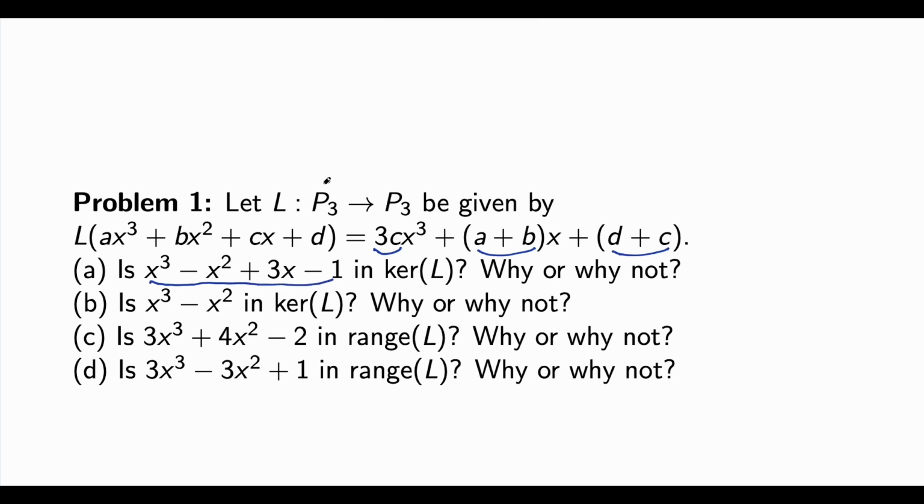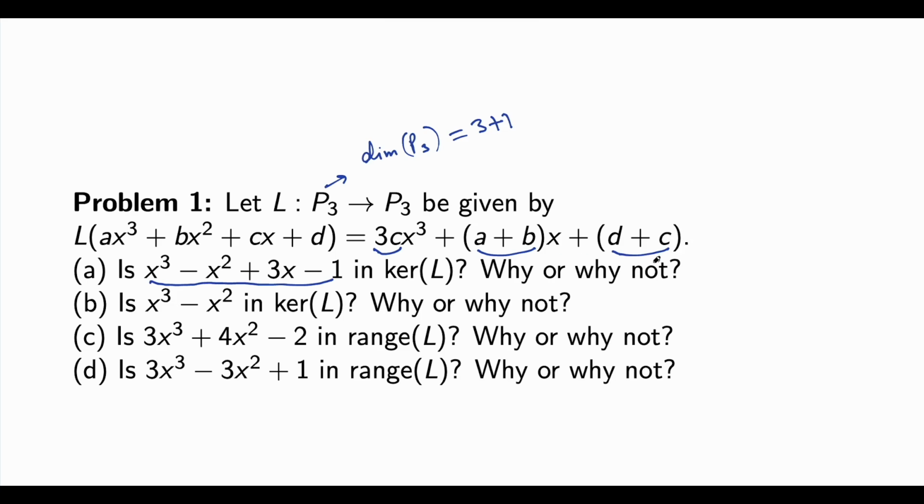this vector is, because this is P3, so the dimension of P3 is 3 plus 1, right? P3 means all the polynomials of degree at most 3, right? And in this case, including constant polynomials. So you see here, a degree 3 polynomial I have, which is transformed to a degree 3 polynomial.